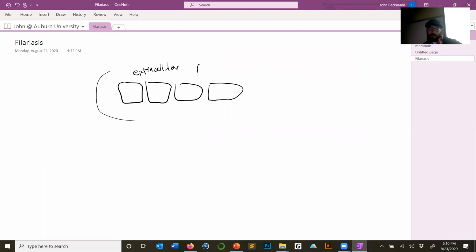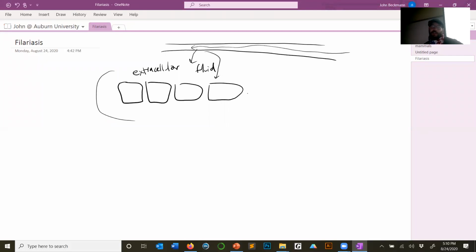extracellular fluid that comes from the blood. If there's a capillary or an artery, the blood vessels feed nutrients into the extracellular fluid, which diffuses and feeds the cells. And the microfilaria can crawl and swim around in these regions. You can imagine as they do that, they disrupt structures and cause all kinds of problems.